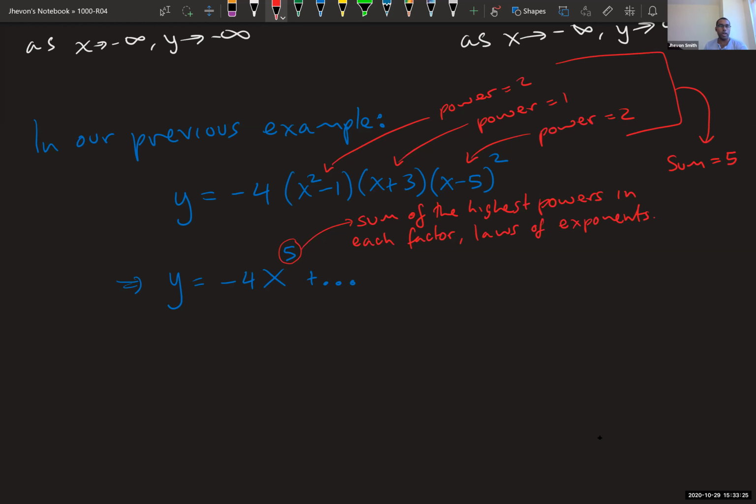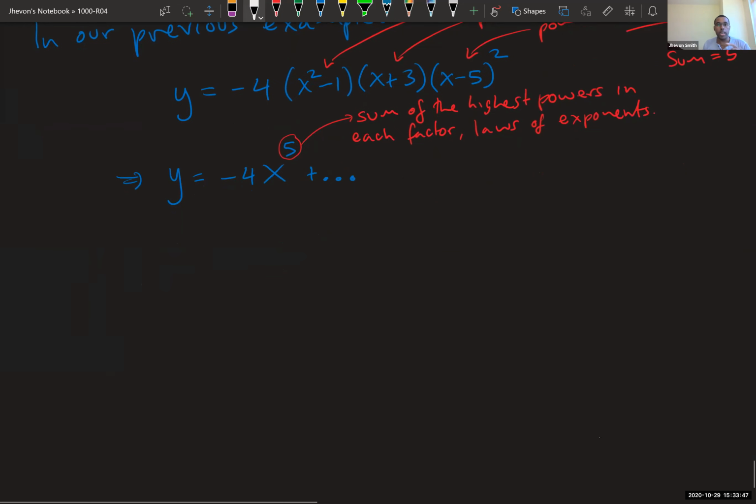And that's how I know the power is 5. I'm not going to multiply everything out. I just care about the highest powers. And that minus 4 in front just comes from the minus 4 that was given in the problem. So you sum the powers, and that's just a consequence of the laws of exponents. So I know that this looks like minus 4x to the 5.